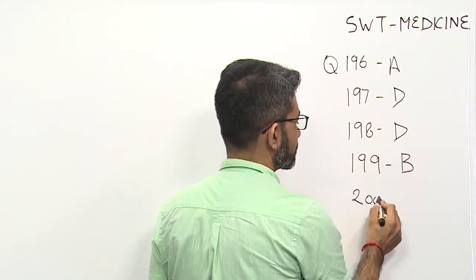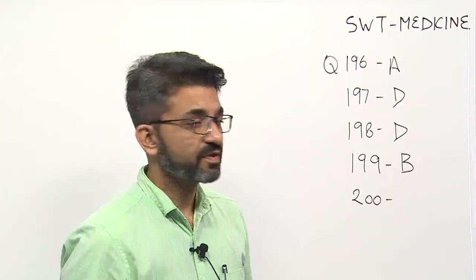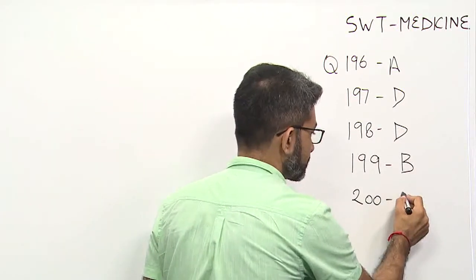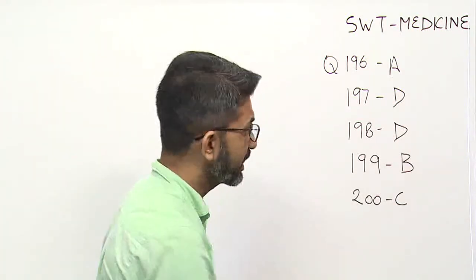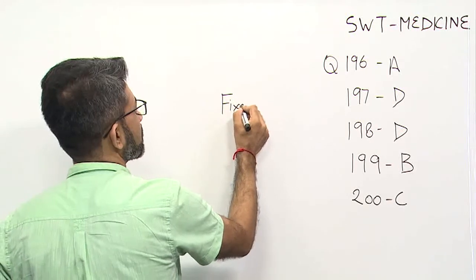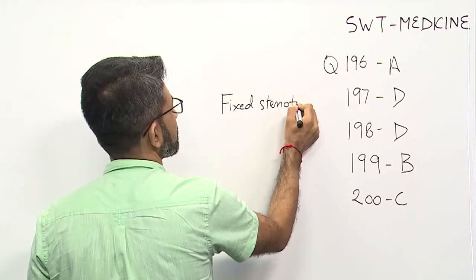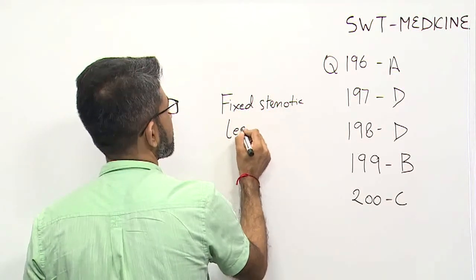Last question, question number 200. Sudden death can occur in patients of AS. It is very important. See, answer is AS. Why? There is a fixed stenotic lesion in AS.